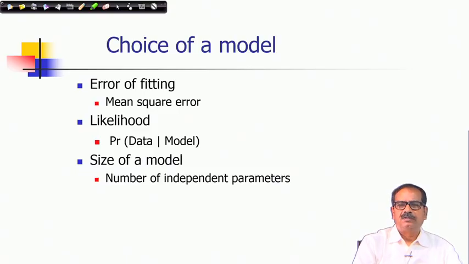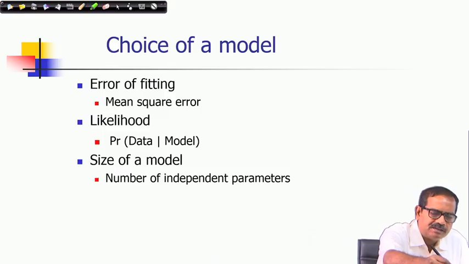Suppose you have simple linear relationships between your measurements and the observed feature vectors, and in a feature vector, suppose there are n components.